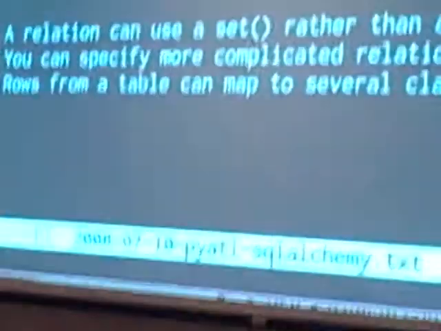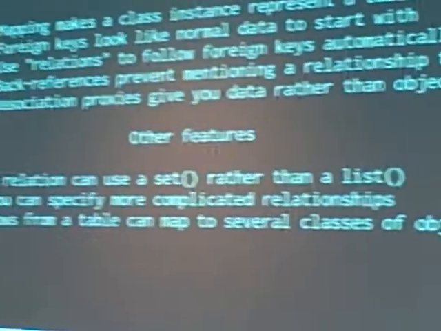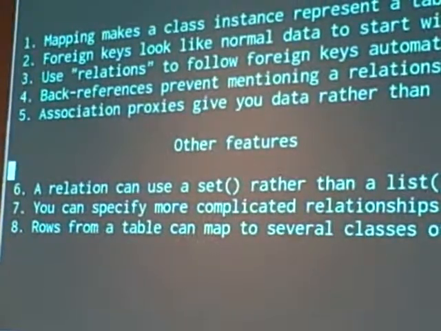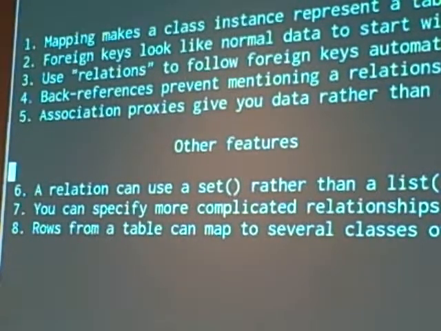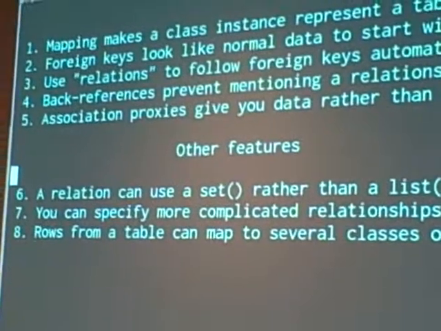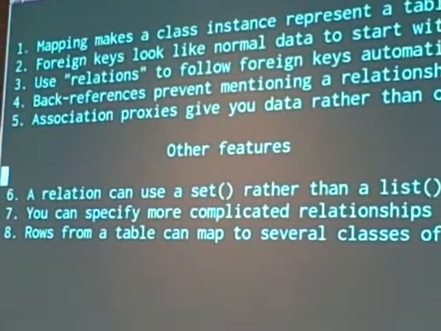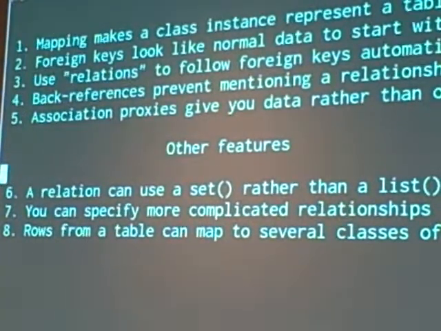Other features that I could have prepared little slides to illustrate are pretty simple concepts, and many of them, probably all of them, are mentioned in the book. You can, as he mentioned, use sets rather than lists. You saw everything I did here was with sets. You noticed I was dot appending and dot removing things.